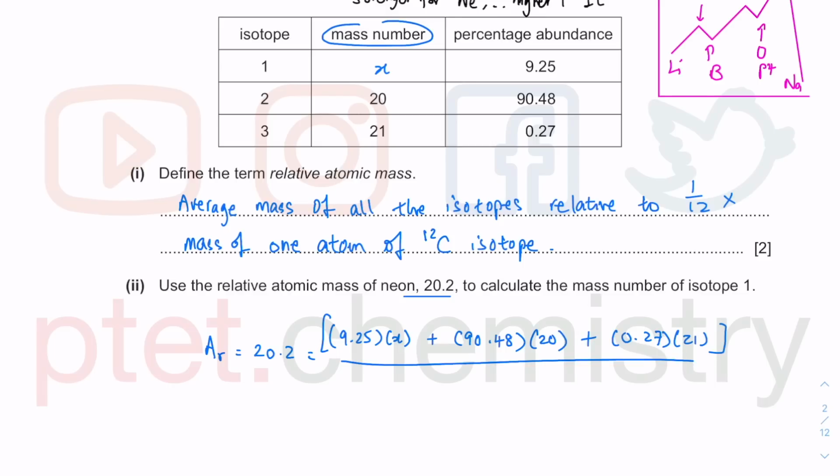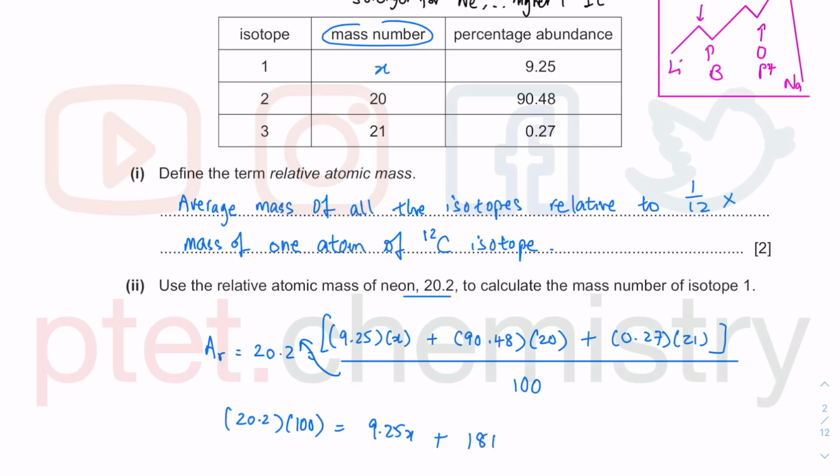The whole thing added up together, divided by 100, as these are percentage abundances. Moving the 100 from the bottom to the top, I get 20.2 times 100 equals 9.25x plus 90.48 times 20 plus 0.27 times 21.